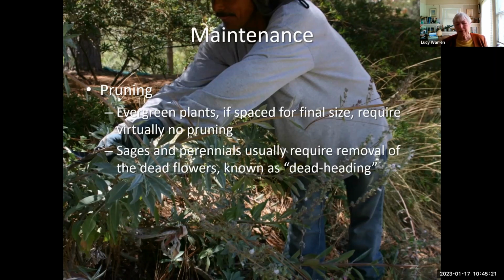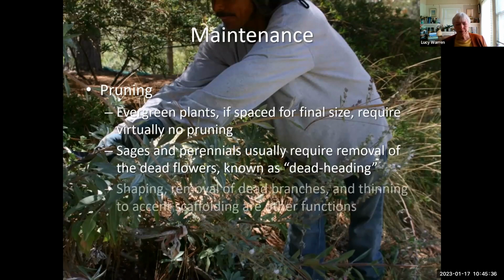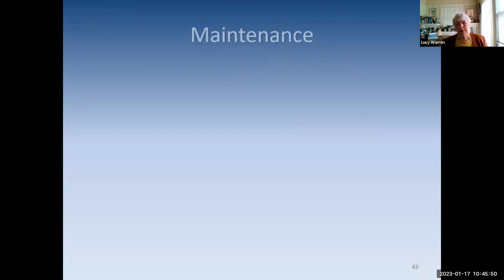Something like the seaside daisy, if you want that continual bloom cycle, you'll have to deadhead it more often. Sages, generally, you'll only need to prune maybe once a year. You can prune to shape or to remove dead branches or to thin. But again, this is more visual than structural for the plants.